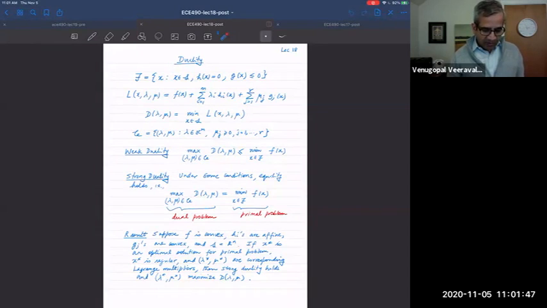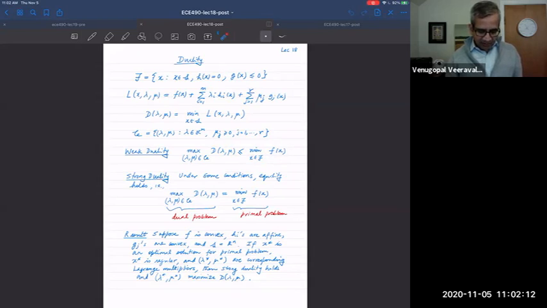We showed in lecture 17 that this function is concave in the parameters, and that if you maximize the dual function, that provides a lower bound to the minimization for the original optimization problem.